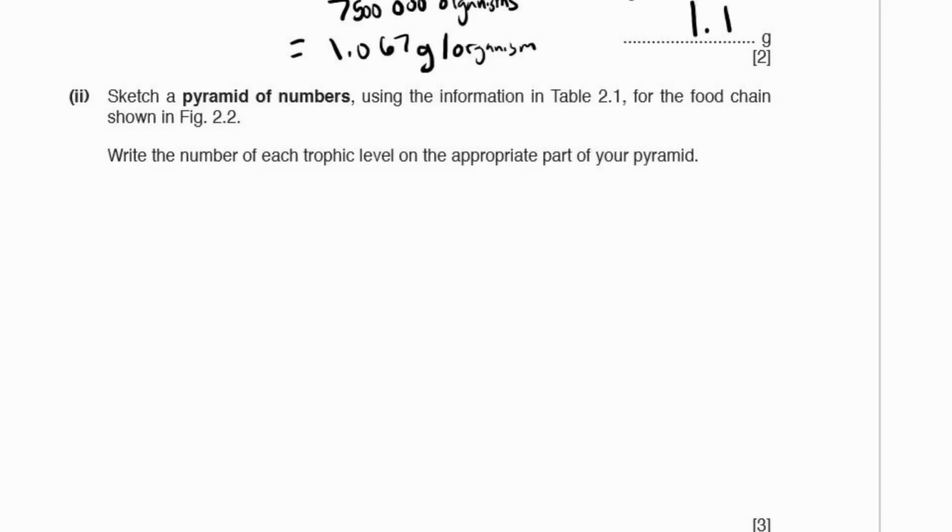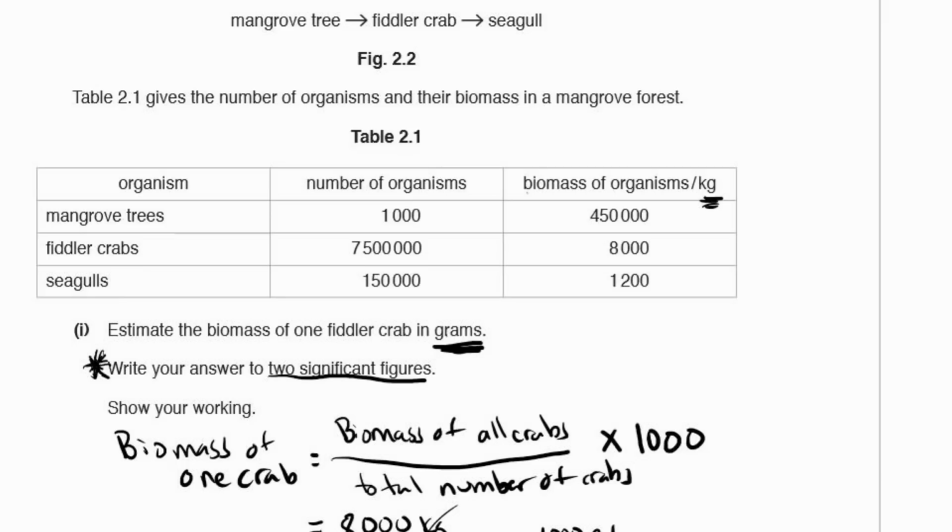2. Sketch a pyramid of numbers using the information in table 2.1 for the chain shown in figure 2.2. Write the number of each trophic level in the appropriate part of your pyramid. All right, pyramid of numbers. So if we look at this, we have 1,000 organisms. That's small. That's the smallest.